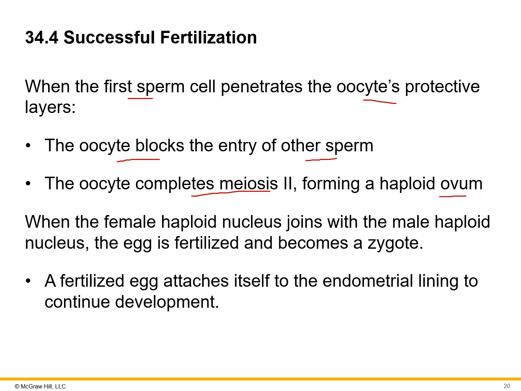So complete development of that egg cell doesn't happen until it's fertilized by the sperm. Whenever that female haploid nucleus joins with the male, we have a fertilized egg, now termed a zygote. It then attaches itself to the endometrial lining, which is called implantation, into the uterus, and that allows it to continue to develop.